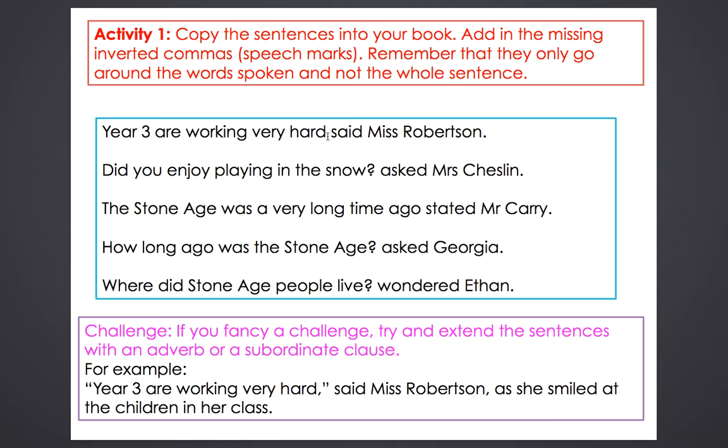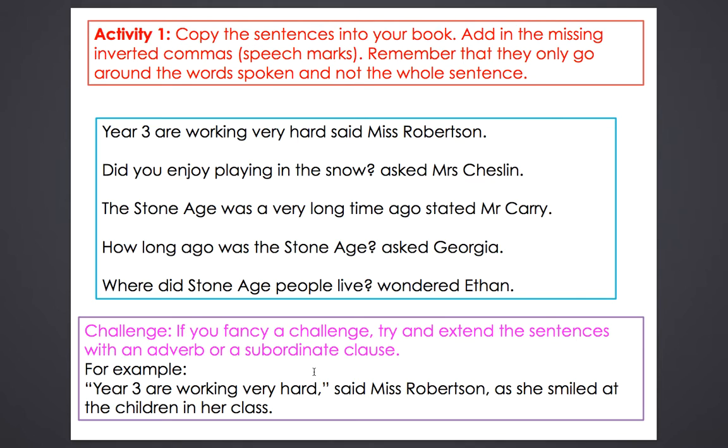Now because I've still got my reporting clause afterwards, I'm going to replace the full stop with a comma, because if I put a full stop there, this bit, said Miss Robertson, would not make sense on its own. That's not a full sentence. Okay, so have a look through that and have a go at placing the inverted commas in the right place.